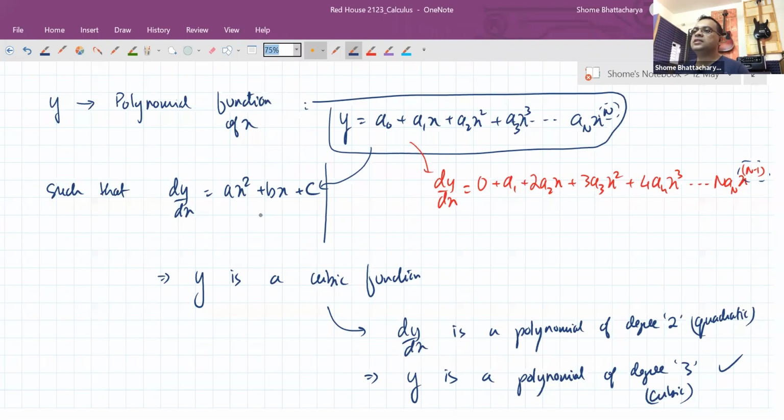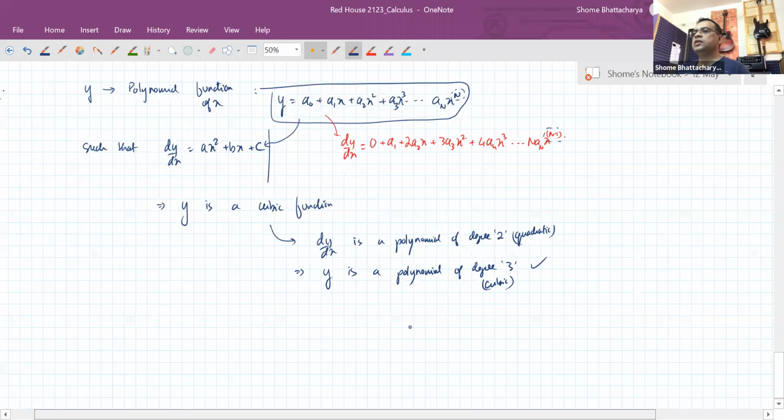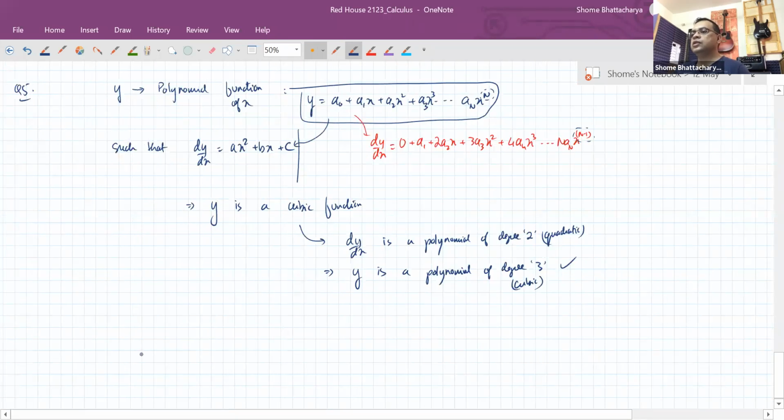Once you realize this fact, then you can use all the other information. Now, the way I have solved it, I have just taken y like this, where p, q, r, s are constants.